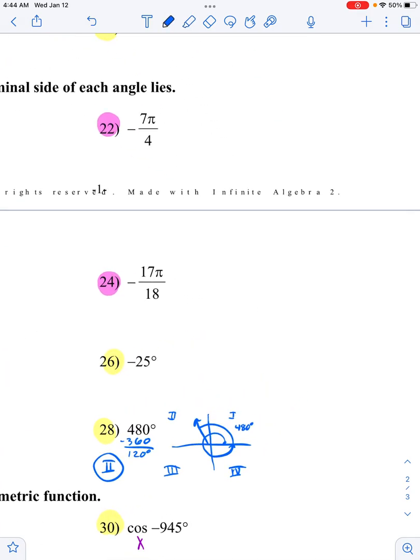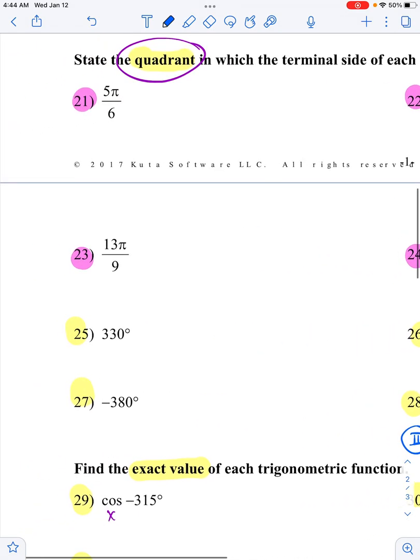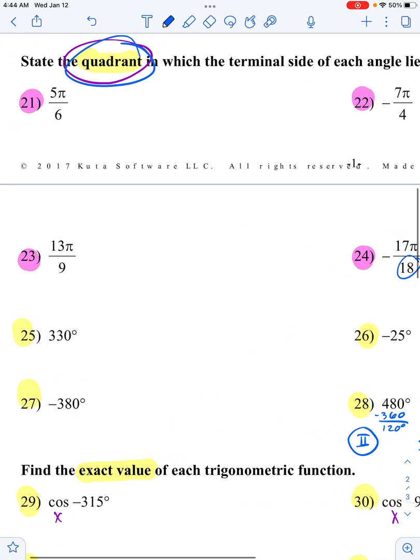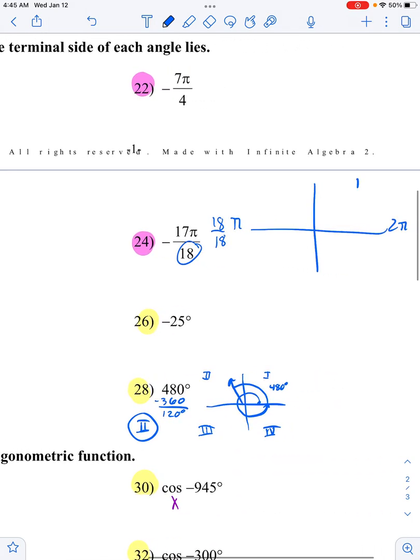So, okay, this one looks really awful, actually. So here we go. Think about this again. 18 on the bottom. This has to be 1 pi. This has to be 2 pi. So to be a 1 pi with an 18 on the bottom, you'd need an 18 on the top. This is asking me for what quadrant I'm in. It's not asking for anything specific.